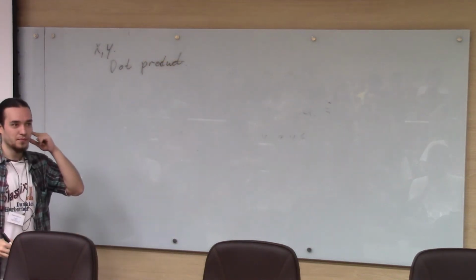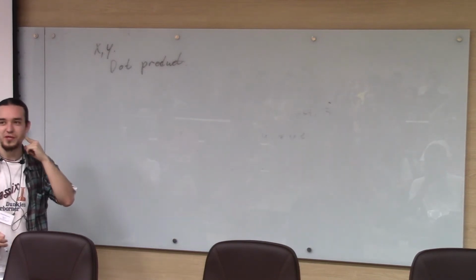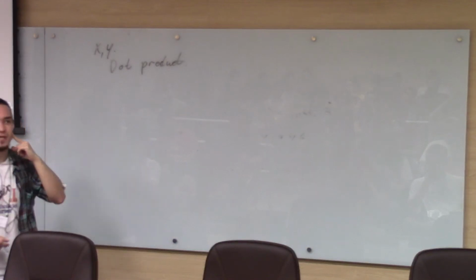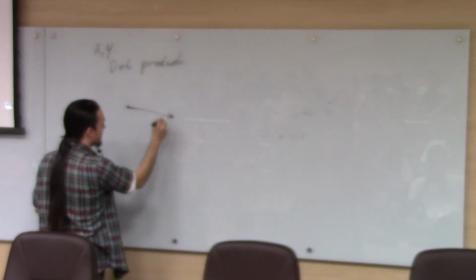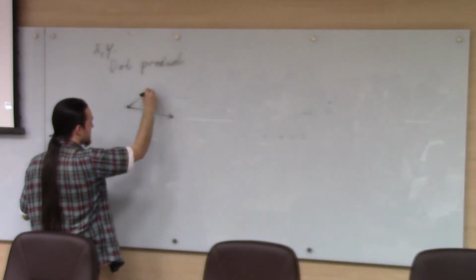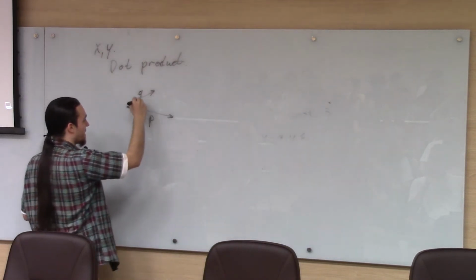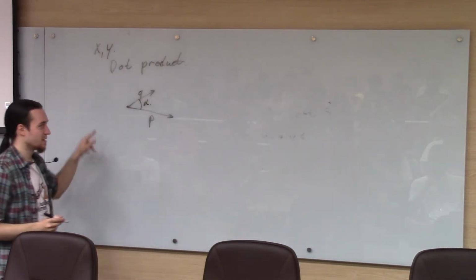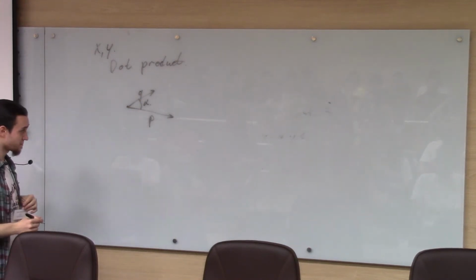Some of you may know what a dot product of vectors is from high school. So we have these two vectors, and some angle between them, the angle formed by these two segments.